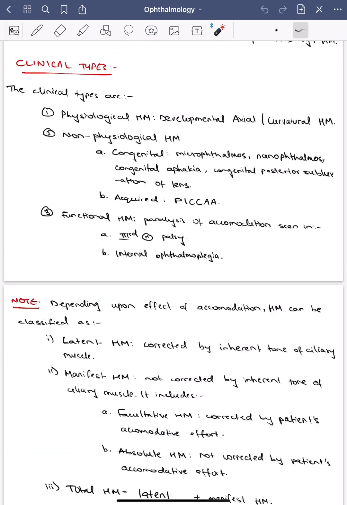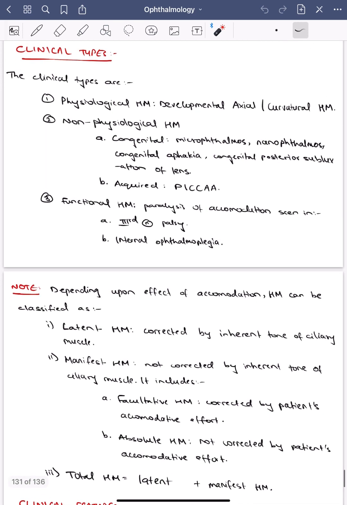Now, coming to the clinical types of hypermetropia, there are 3 types. The first is physiological hypermetropia, the second is non-physiological hypermetropia, and the third is functional hypermetropia. Now, physiological hypermetropia includes the developmental axial hypermetropia and the developmental curvatural hypermetropia, which is due to the changes in the physiology of the lens. Second is the non-physiological hypermetropia.